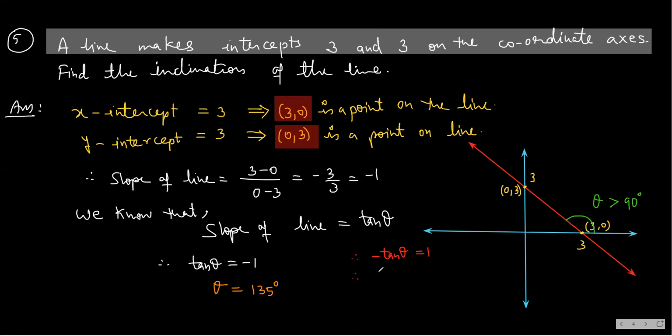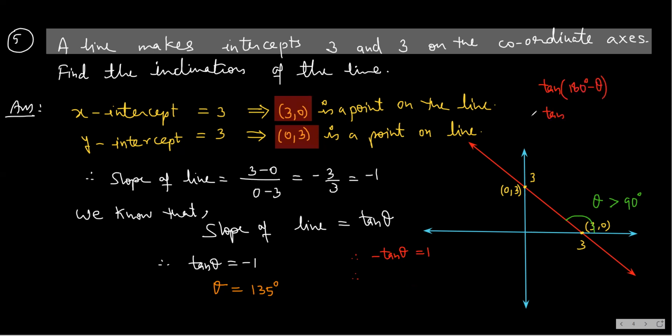I know tan of 180 degrees minus theta. If I ask you what is tan of 180 degrees minus theta, so what will happen here?